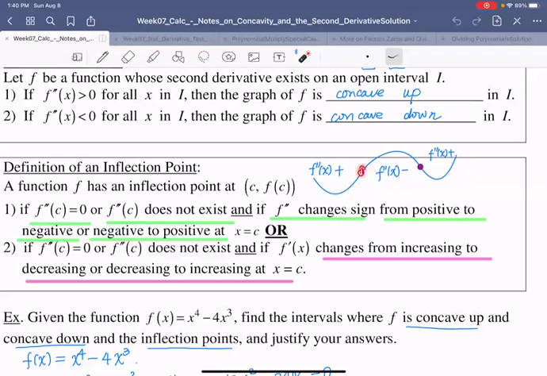If you find a point c where f double prime of c is 0, or f double prime of c does not exist, and on the left your second derivative is positive but on the right it is negative, or on the left it is negative and on the right it is positive, you call this an inflection point.